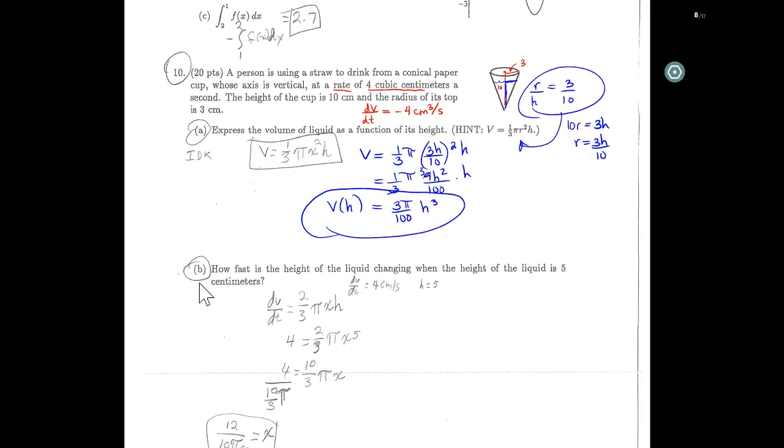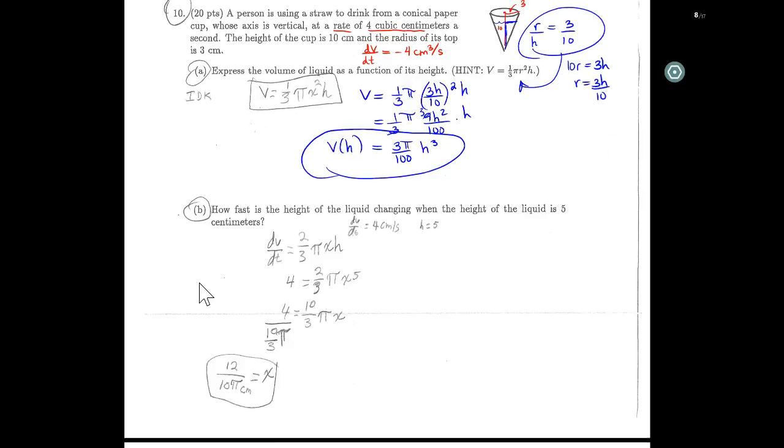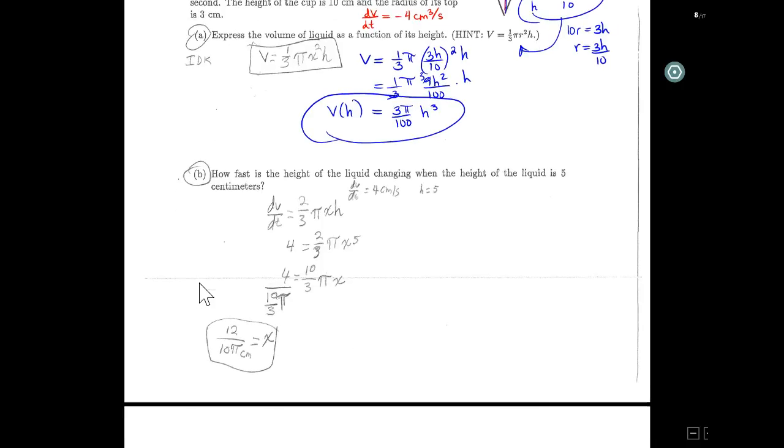How fast is the height of the liquid changing when the height of the liquid is 5 centimeters? Let's use this: V equals 3 pi over 100 h cubed. I want to find dV/dt, so I want to take d/dt of this.